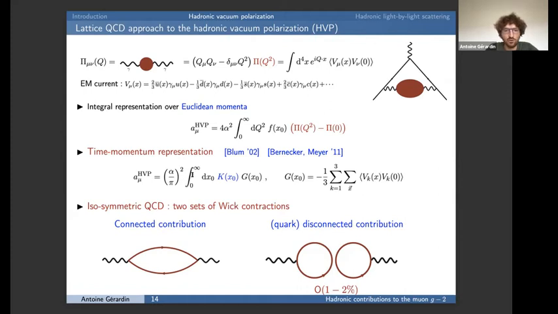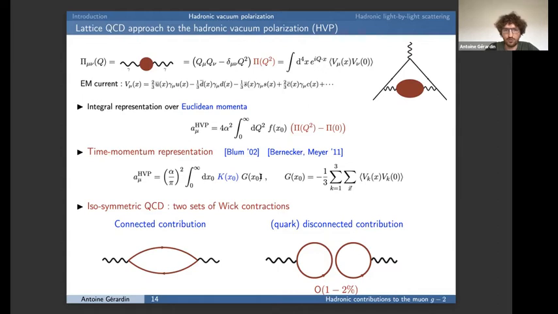So as an integral over the Euclidean time, times a new QED kernel, times again the vector 2-point function, but this time projected at zero momentum. So in principle, it is a really easy calculation because we just need to compute a 2-point function, which is one of the simplest quantities that we can compute on the lattice. Again, the difficulty will come from the fact that we want to reach the per-mil precision.